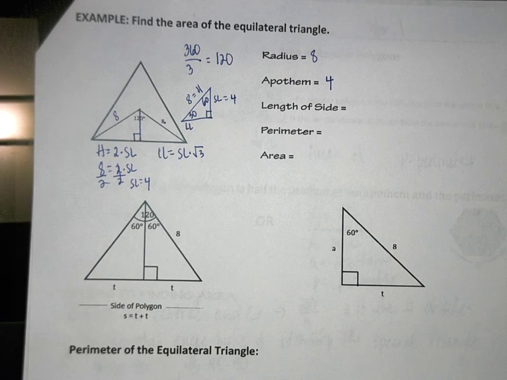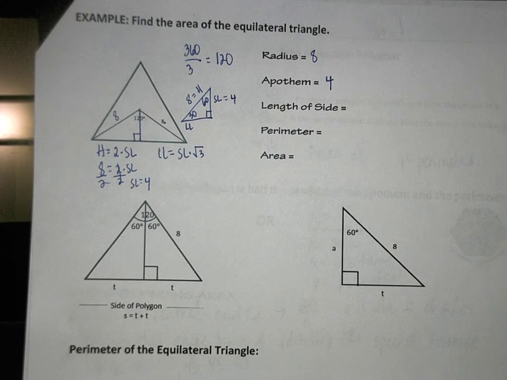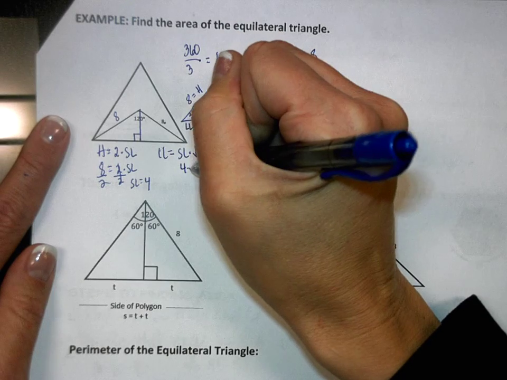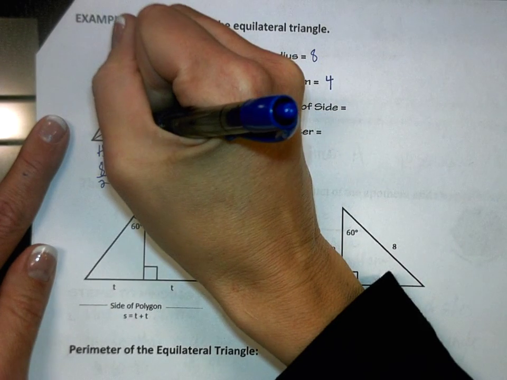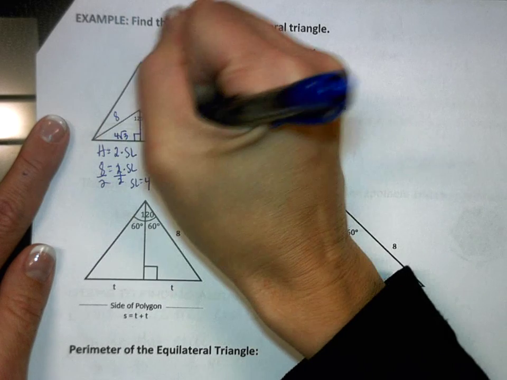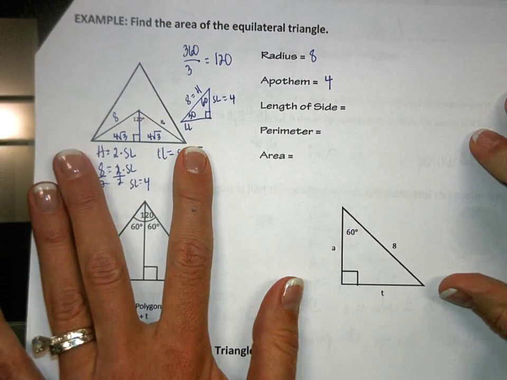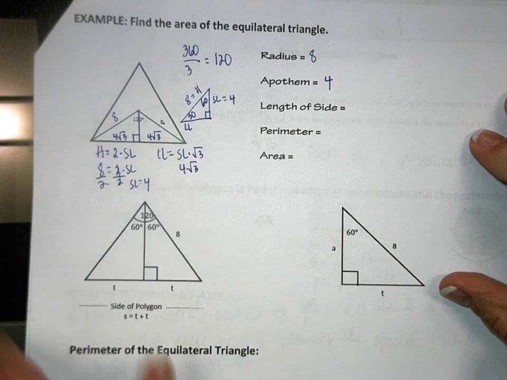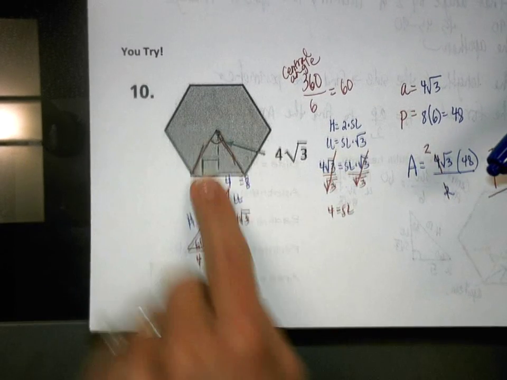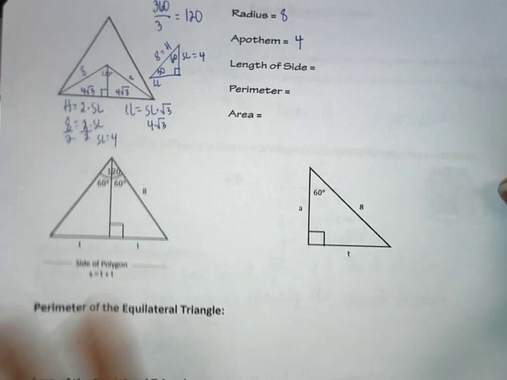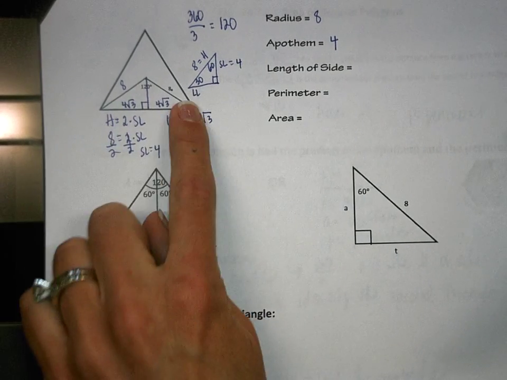Okay, and then how do I find the long leg? 4 square root 3, because all we're doing is multiplying the short leg times root 3. So that means right here this is 4 root 3, which means this is 4 root 3. And this is different than our hexagons because these distances ended up being the same distances down here, but in our equilateral triangle, this is not the same distance.